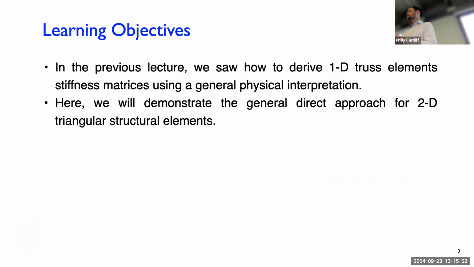And we took a 1D truss element, and we followed these 6 steps, where we assume the functional form, wrote that in terms of the nodal displacements, calculate strain, stress, and then we use this principle of minimal potential energy to get our equilibrium equations, which is our stiffness. So I'm now going to just show how that applies to 2D triangular structural elements.